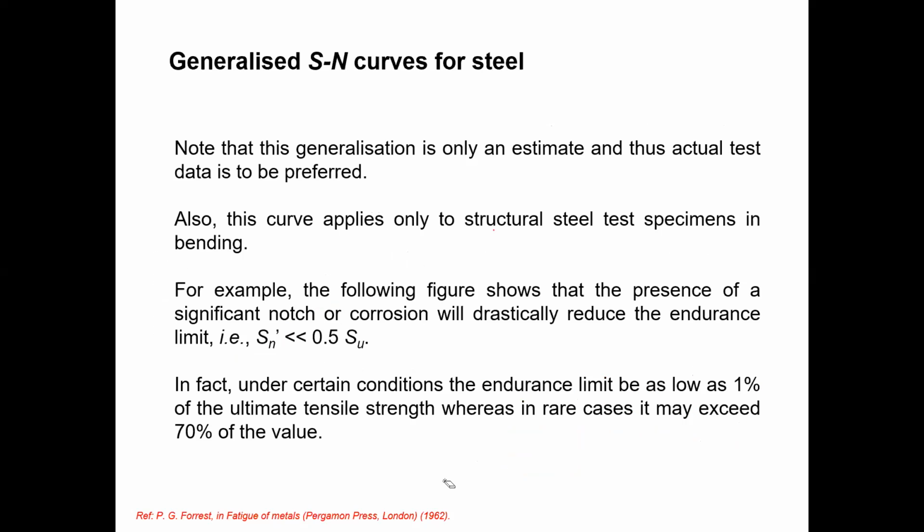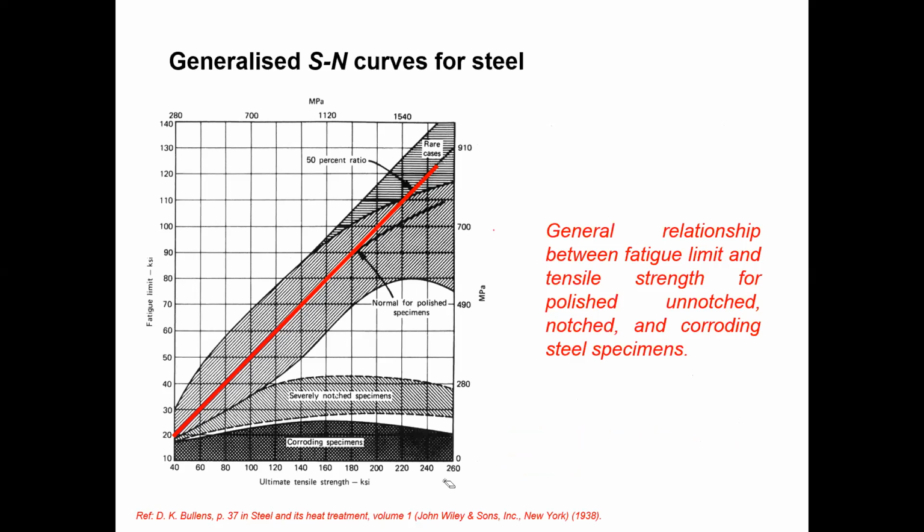You can read and understand this slide. This is about specimen preparation. For example, if the specimen has a rough surface or that kind of nature, then the relationship between the fatigue limit, that means the endurance limit, and the ultimate tensile strength will change.